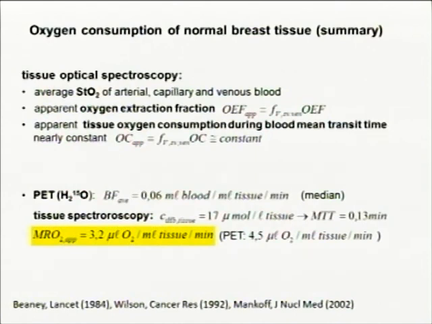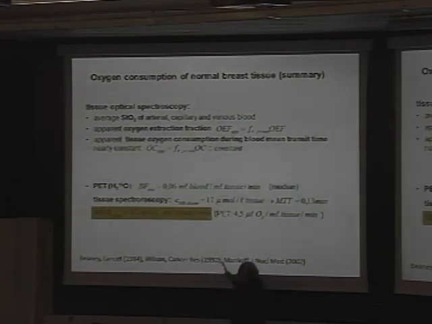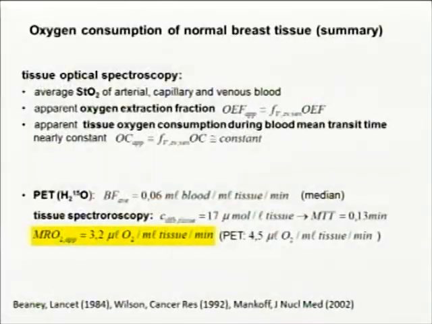Now, let's take an experiment from PET, positron emission tomography. Positron emission tomography has measured the blood flow in the normal breast and in breast tumors. This is a narrow distribution and is 0.06 milliliter blood per milliliter of tissue and minute. When we use this, we can essentially calculate the mean transit time to be about 8 seconds.